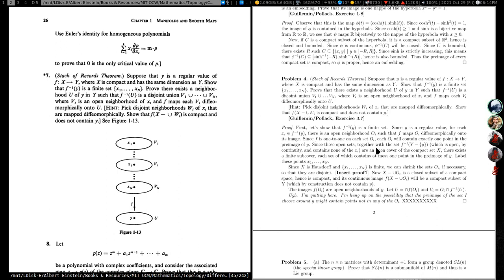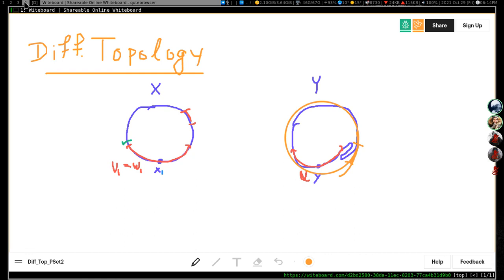So they're going to take X minus W1. So X minus W1 is this closed set, which I'm going to make green here. My picture's a mess now. And then what is its image?